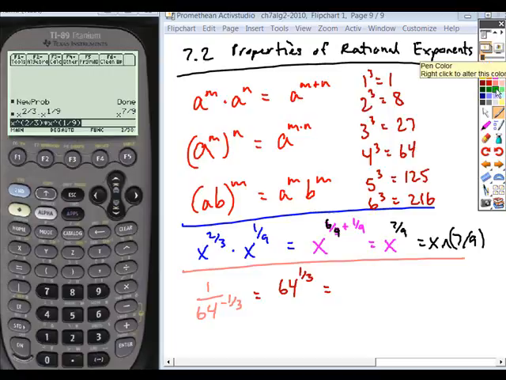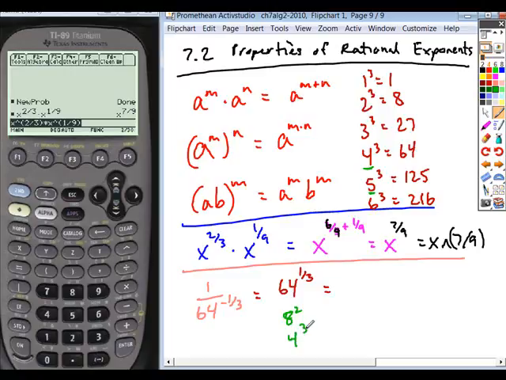So what that means is if you take the cube root of any of these numbers, the cube root of 64 is 4. The cube root of 125 is 5. So when you look at this type of problem, you should be able to look at 64 and say it can either be thought of as 8 squared or 4 cubed.